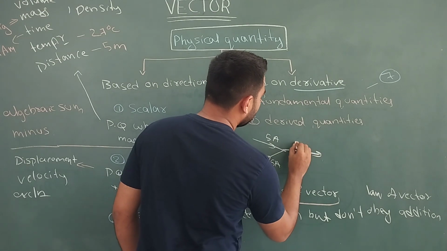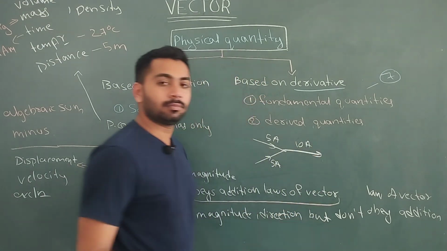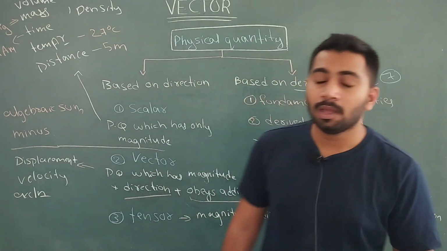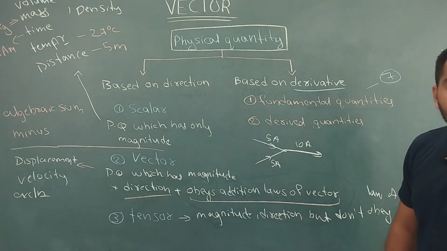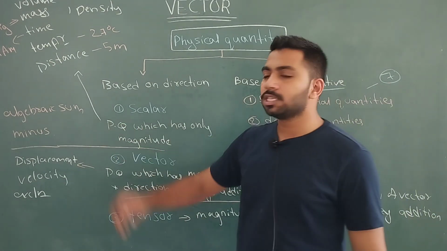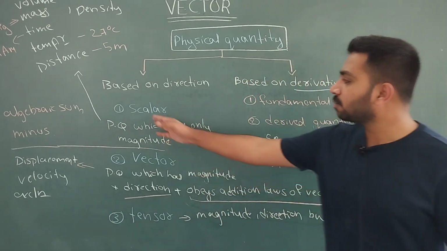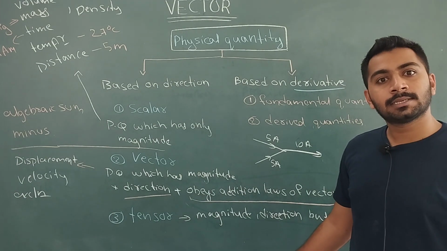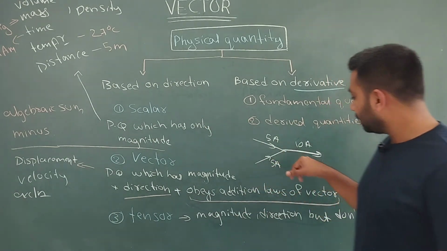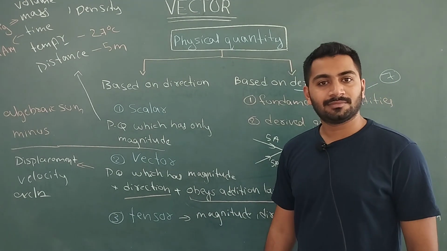Very simple, 10 ampere of current. Is it complicated vector mathematics, or just algebraic mathematics? It's just normal addition.